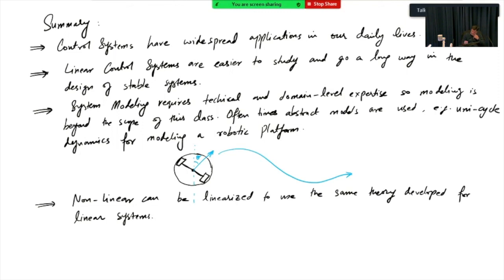Okay, so that wraps up the lecture today, and in the next lecture we are probably going to look at some state space models and their relationships with transfer functions and how to solve those type of linear systems and so on.